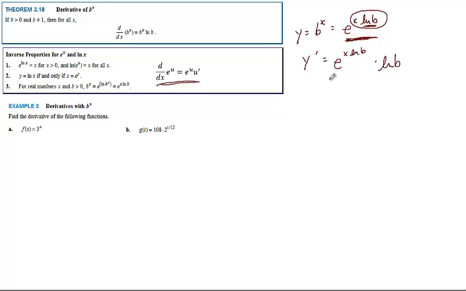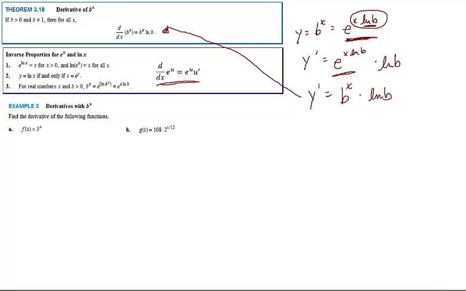Rewriting, y prime equals b to the x times natural log of b, which is what they got here. So we've now proven the derivative of b to the x.